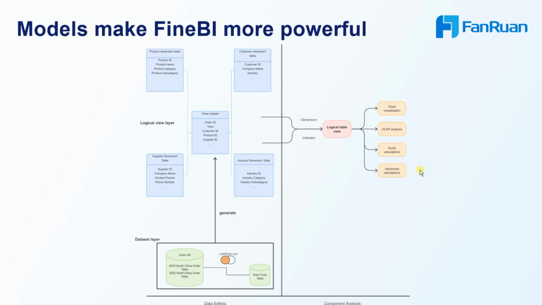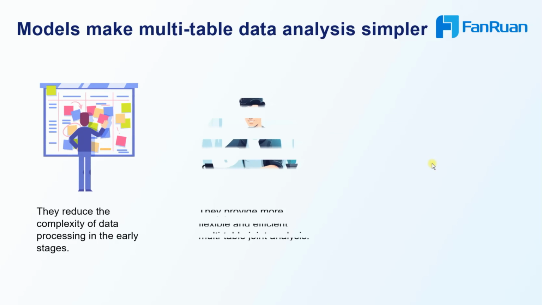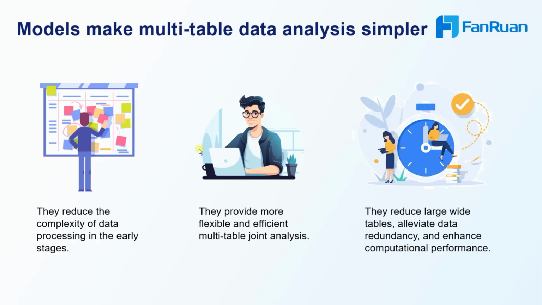Moreover, with the model, the whole component system is connected. You will find that the fields we use in the analysis area can be reused across different components. In the past, each component was separate and independent. Now, with the model, it helps everyone reuse these fields, especially fields across tables, which can be used in different components. All of this is possible because we have the subject model feature.